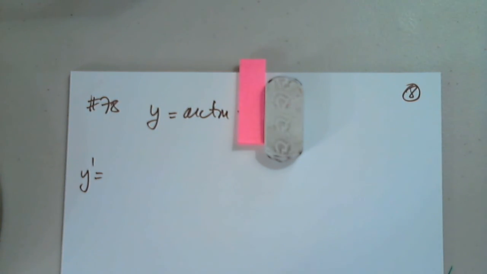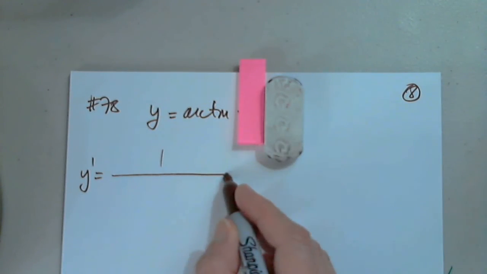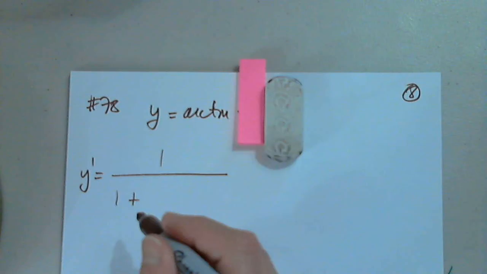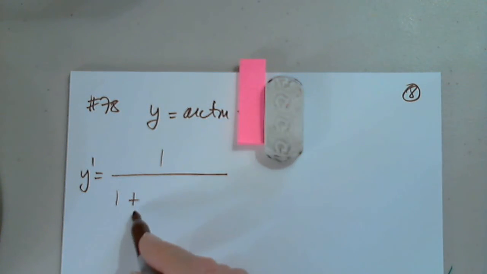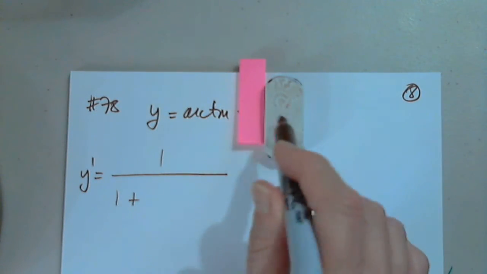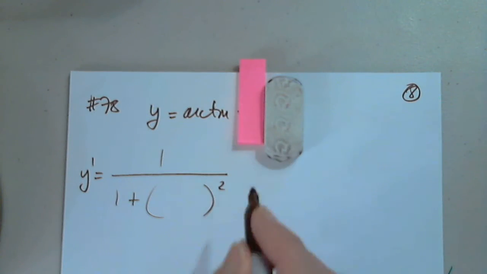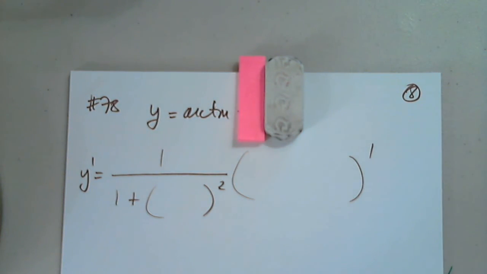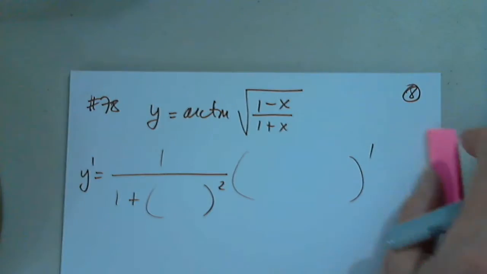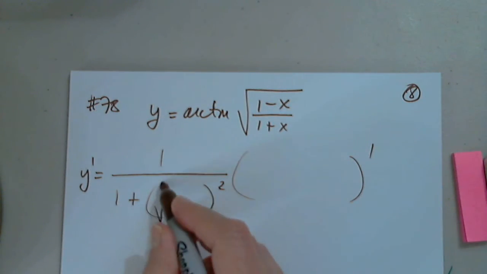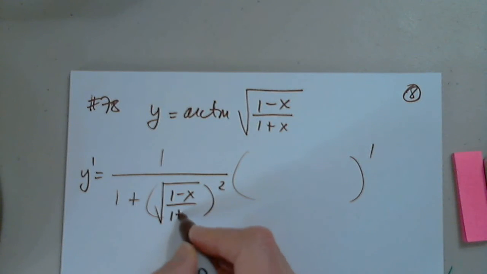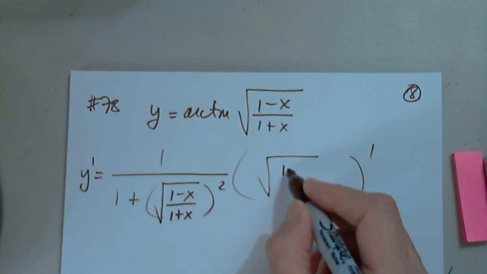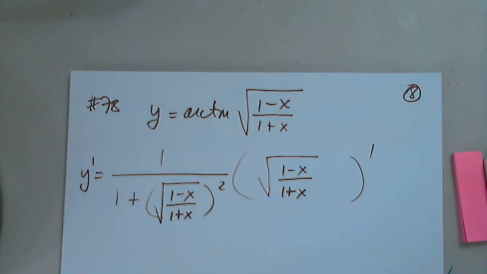What do I have to write? 1 over 1 plus whatever squared, times whatever prime. Arctangent is the only one with plus. And now let's see. Ugly. 1 minus x over 1 plus x, square root of 1 minus x over 1 plus x.